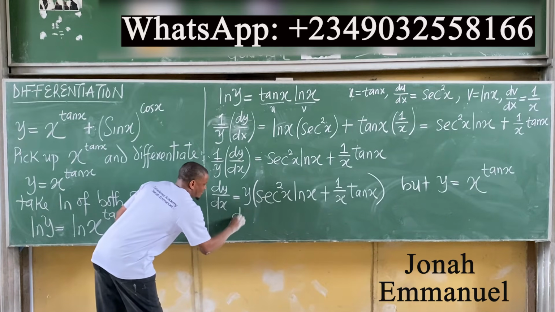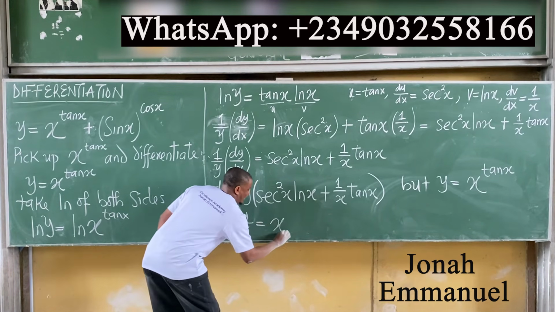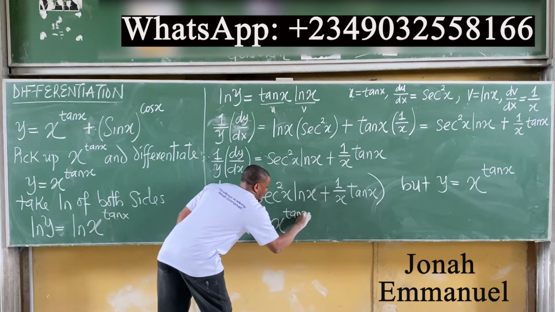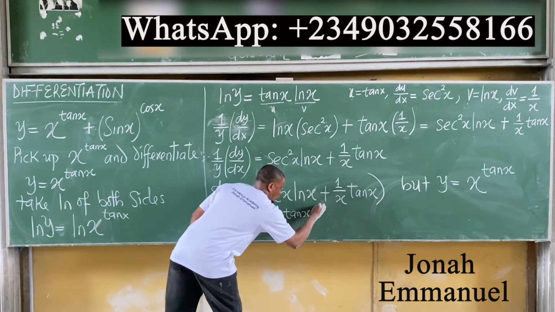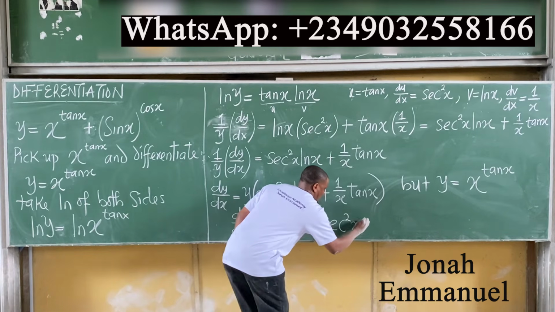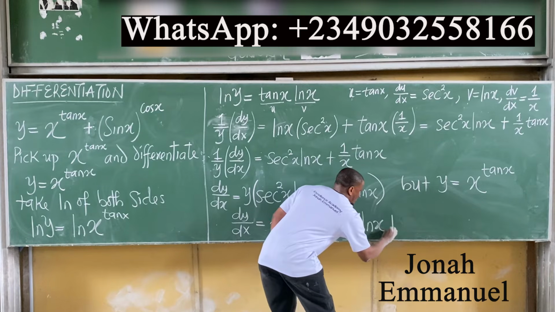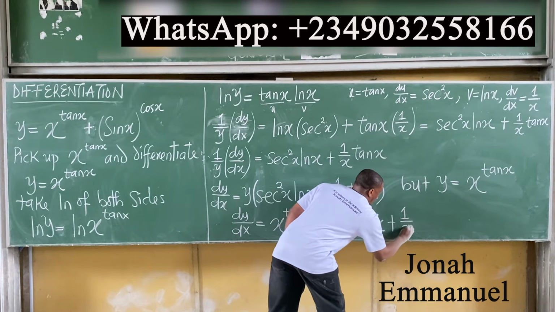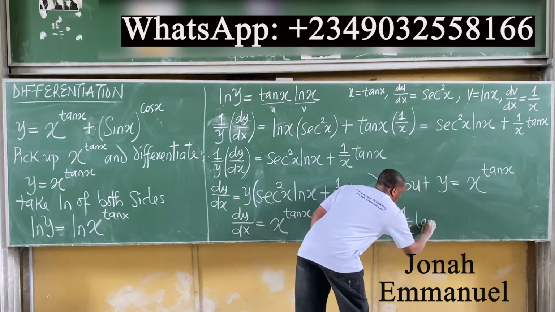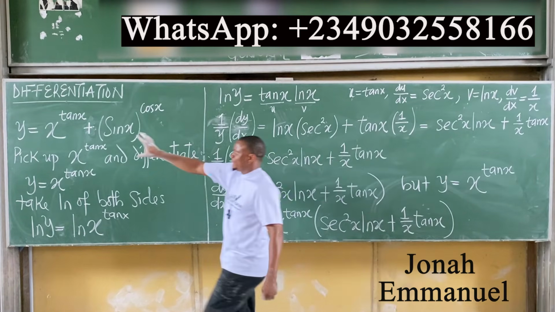We have that dy/dx is equal to y, that's x tan x, into sec squared x ln x plus 1 over x tan x. With this now, I have solved the first part.